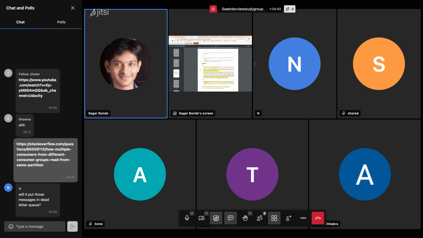So if one consumer is subscribed to a particular partition, then it can try to pull in just one message at a time for that particular partition. And now let's say this consumer group is something like an order management service, or billing service.